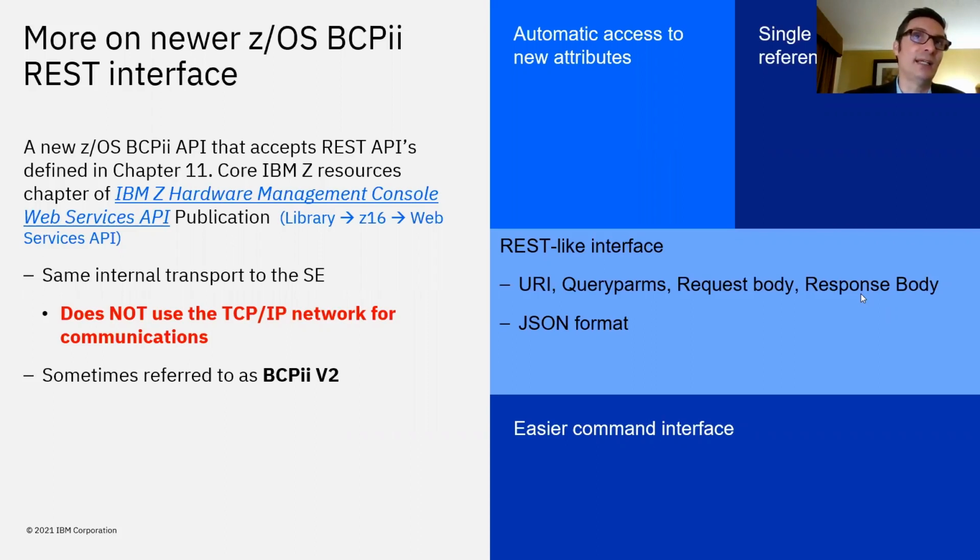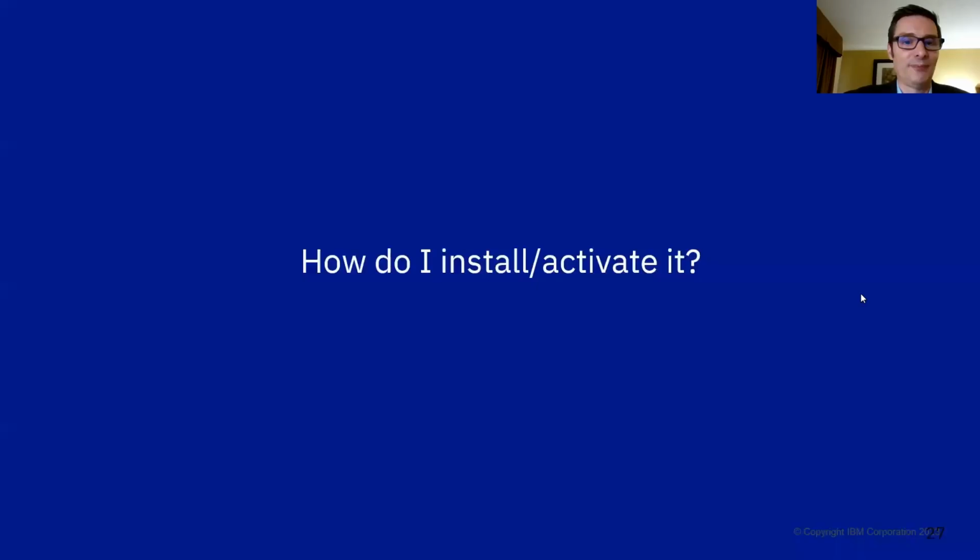You're dealing with JSON instead of a more proprietary interface. And the command interface, that thing that I can do to re-IPL an image or to activate an LPAR, et cetera, is much simpler than in the old style. And I can code it up much quicker than I could with the traditional.